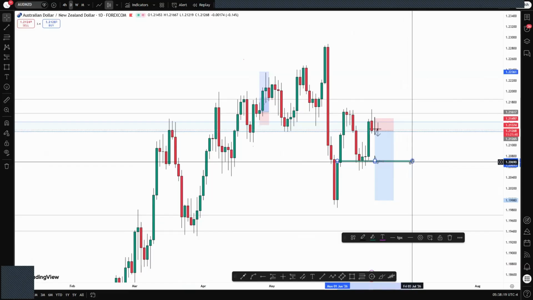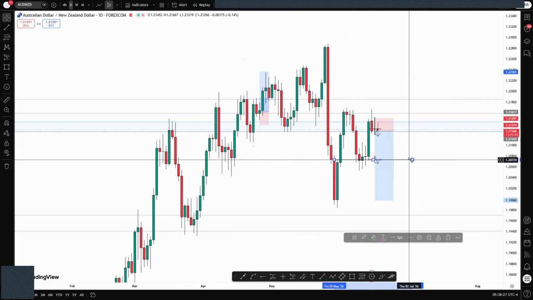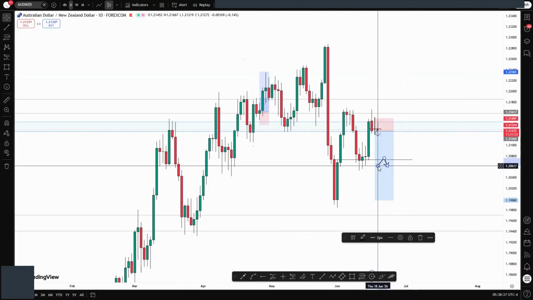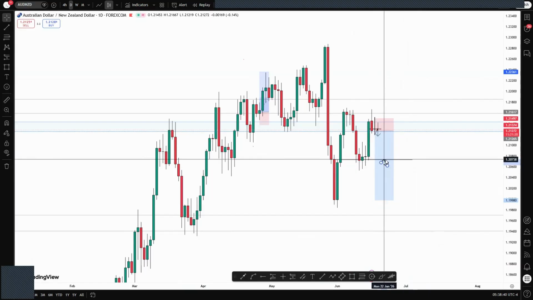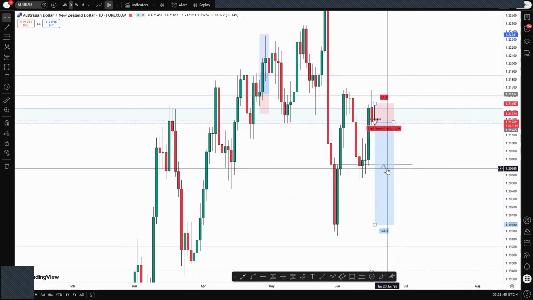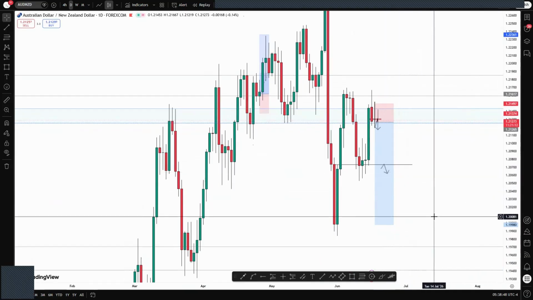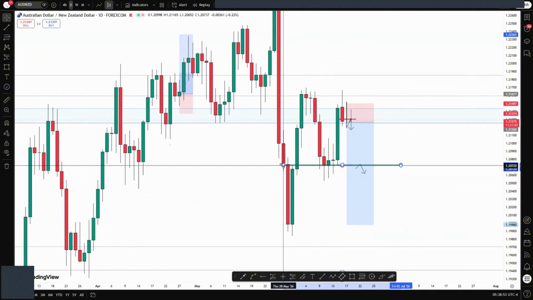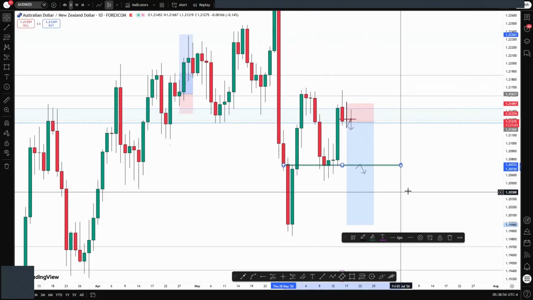And once we are below this level, guys, once we are below this level, yeah, this is what we can expect, especially if price breaks below here.